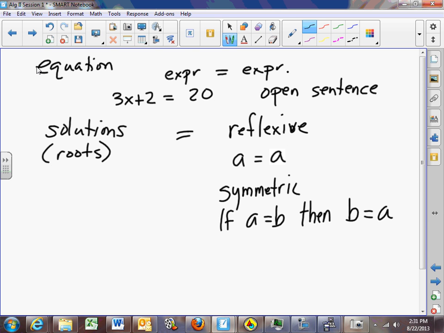The third property of equality is called the transitive property. The transitive property gives you a chain of linked equals.